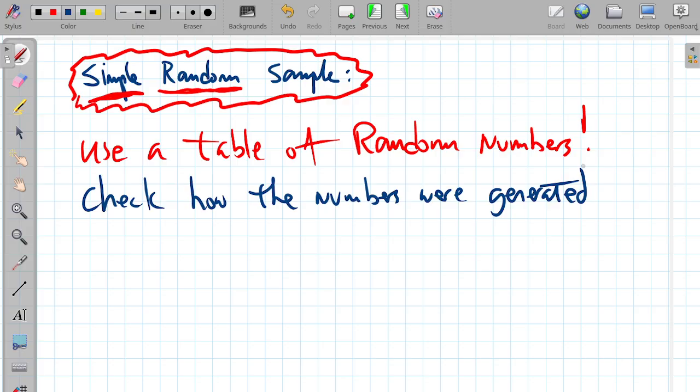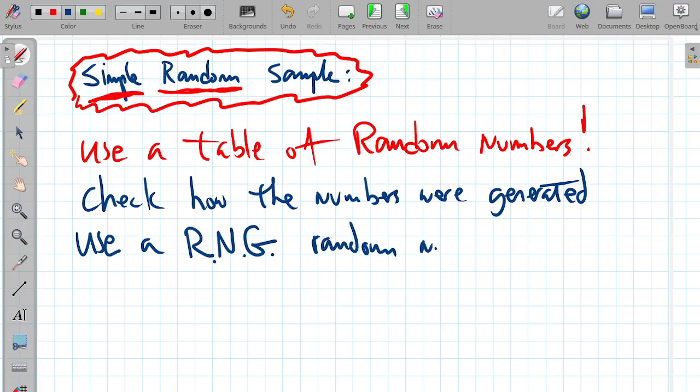Okay, so use a table of random numbers. If you must, you could use a RNG, random number generator. Okay, my handwriting tonight is terrible, but that's because of the system I'm using. Generator. There we go.